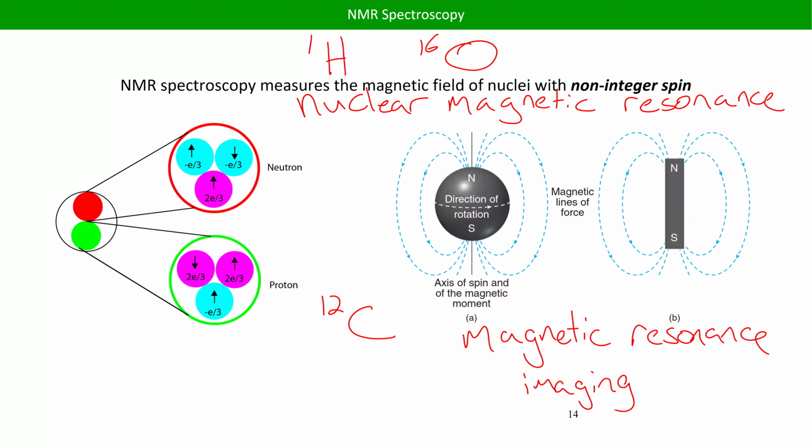The same machine, if you change the frequency that it spins at and the strength of the magnetic field, you can actually measure anything else with an odd number of nucleons. So if you take iodine, normally I think 126.9, so 127.